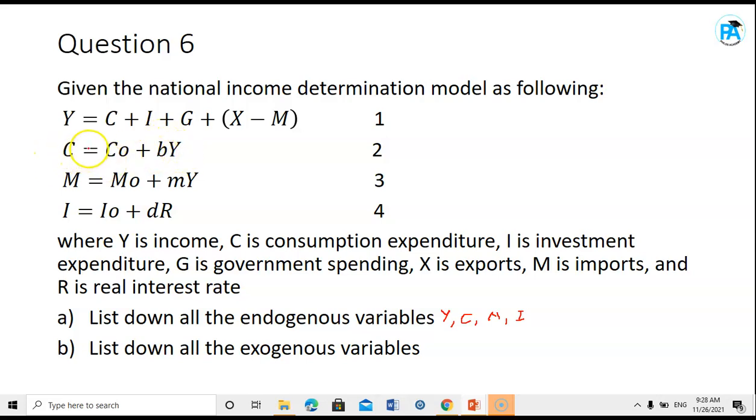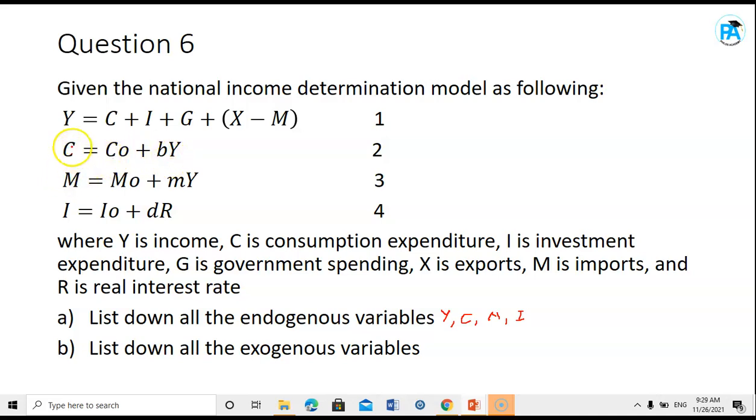Consumption, isn't it? Meaning it is determined within the model. You didn't impose this Y from outside the model. We found Y here and it was input into consumption here. So it is endogenous, it can be found within the model. Then C, you found consumption by this, by saying autonomous plus, isn't it?